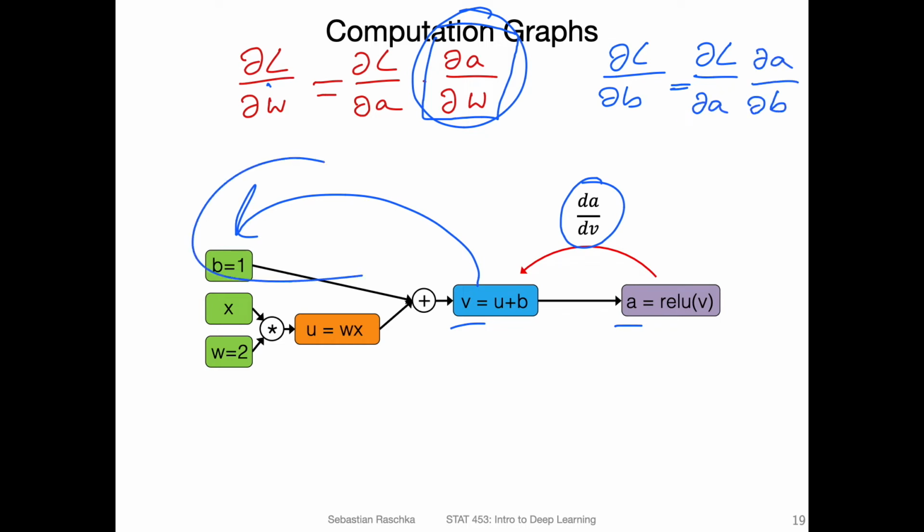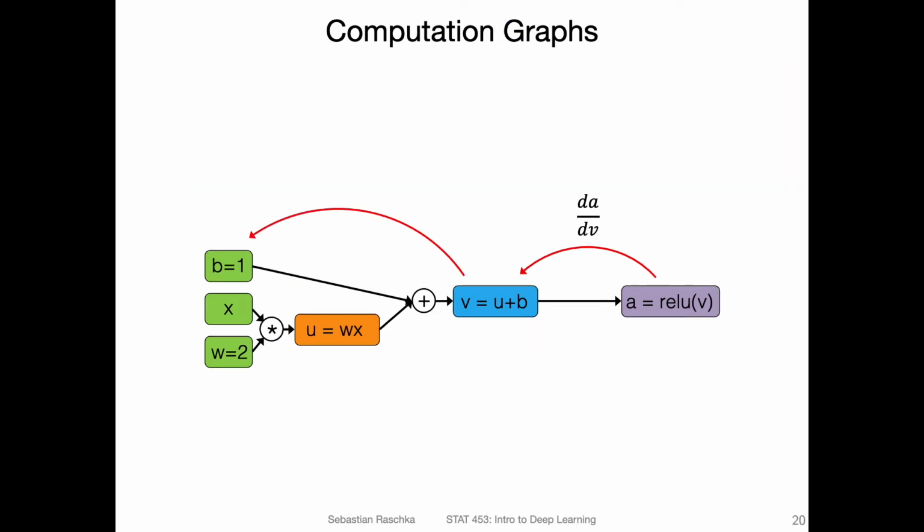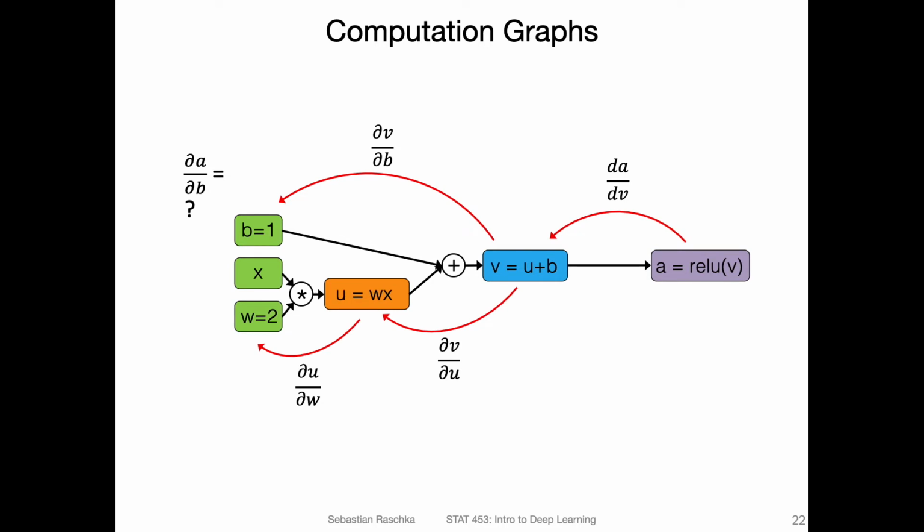So the next step is computing the partial derivative of V with respect to B. That's what I've done here. And then we can do this also for the other parts.